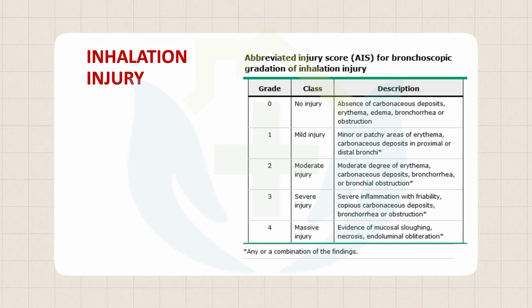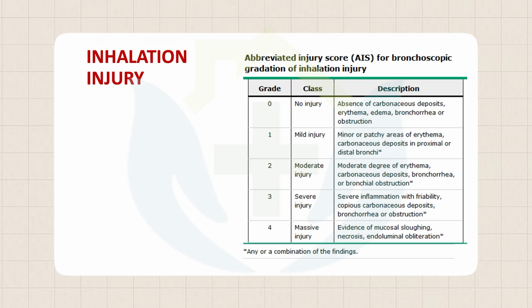If you see that the vocal cords and downwards are all blackish, filled with soot-like material, you immediately intubate the patient. Don't wait. Why? Because these patients are going to have airway edema that is going to increase with time. Secondly, you are going to give them a lot of fluids, and this fluid is going to accumulate and cause further worsening of the airway.